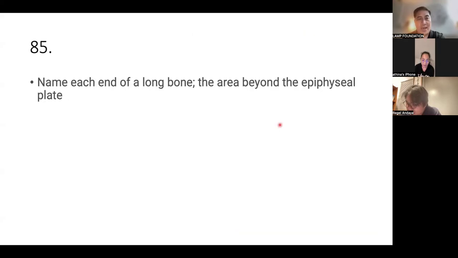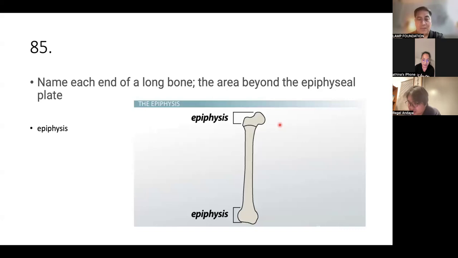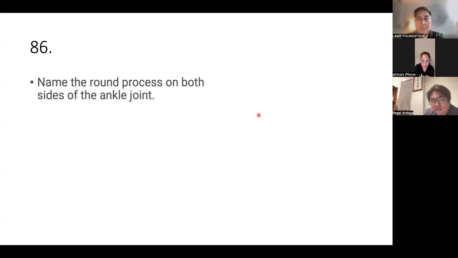The name for each end of a long bone. What do you call this? The end of a long bone. It's called the epiphysis. Yes, the epiphysis. So when you have two, these are the epiphyses, okay? Name the round process on both sides of the ankle joint.